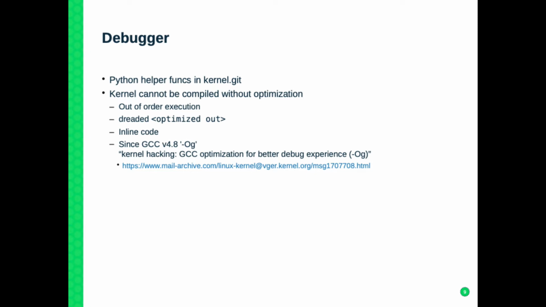It's useful. But the way the kernel is compiled, I believe you cannot compile the Linux kernel without optimizations. There's always the -O flag which is needed. And this has the side effect of reordering some of the instructions, which when you debug is kind of hard to think about. Sometimes your instruction pointer jumps all over the place in your function, and it's a bit annoying.